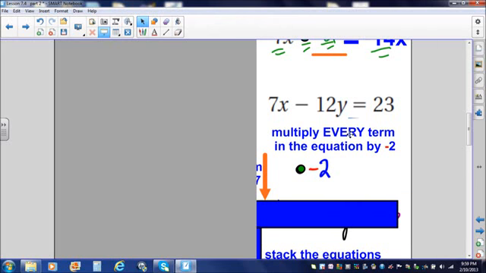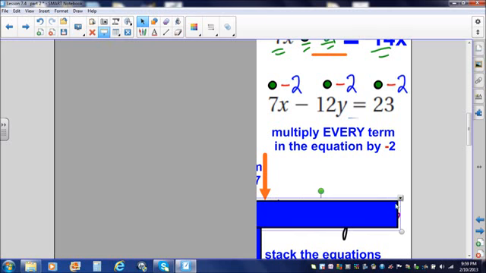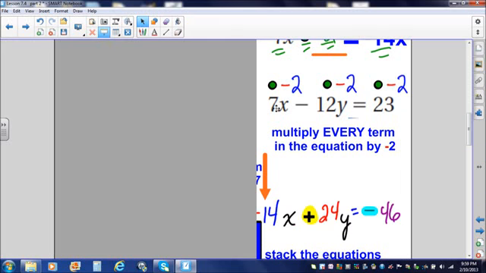So I'm going to multiply every term in this equation by negative 2. 7x times negative 2 gives me negative 14x.